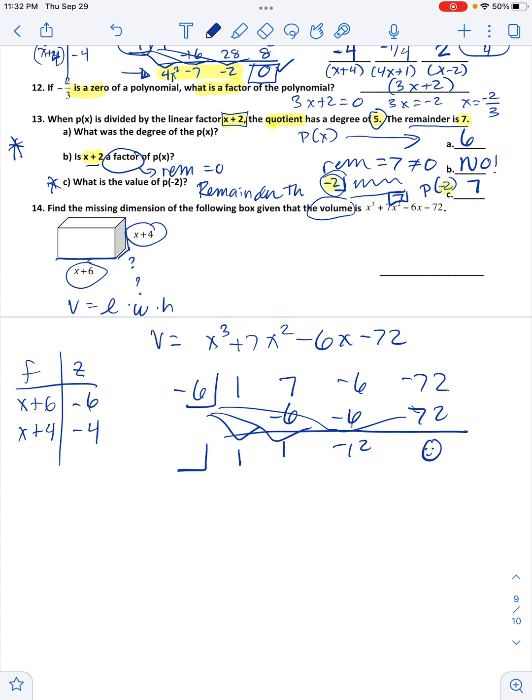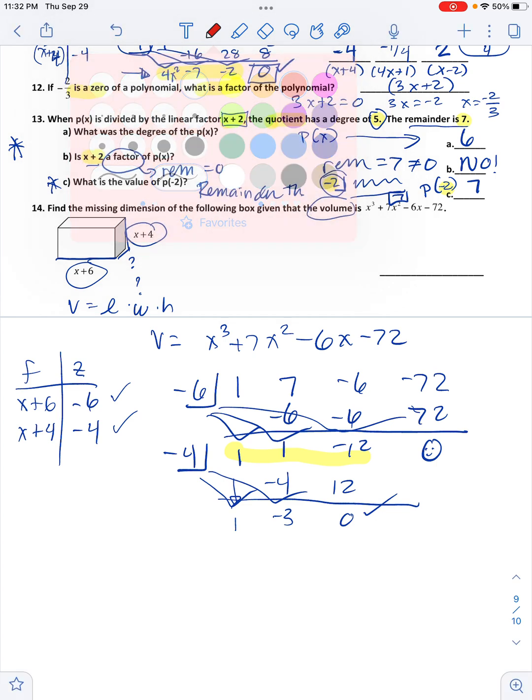I use this bottom number, the answers from the first round, to do my second round, and it doesn't matter which 0 I did first. I used the -6 first, could have done the -4 first. I drop the 1, and this is -3, and I start my process. Not surprised to find that that went in evenly.